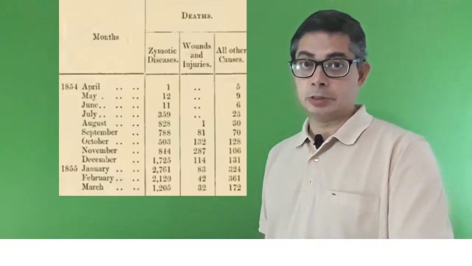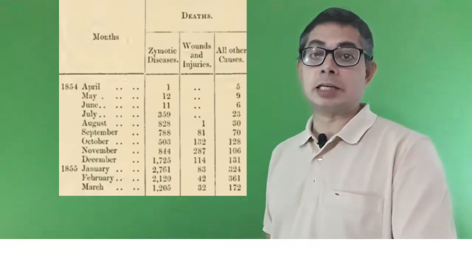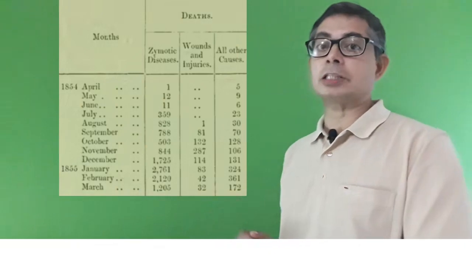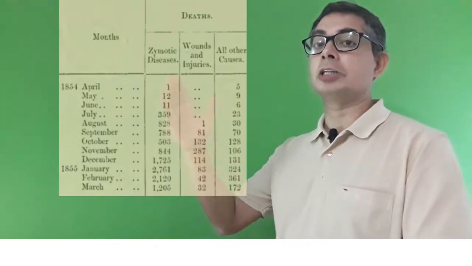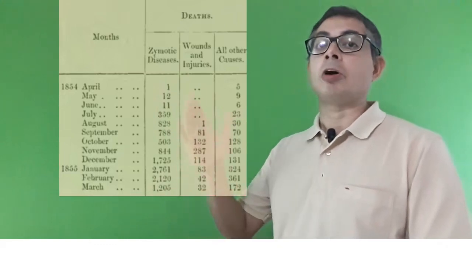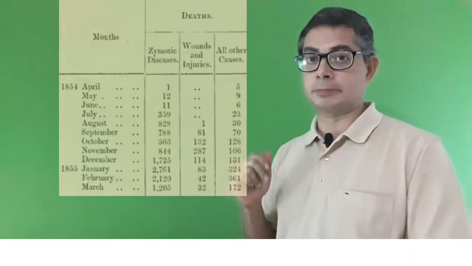Her dataset was a monthly trivariate time series collected from 1854 to 1855. The three variables were the numbers of deaths due to three causes. These causes were the preventable diseases, the wounds, and the others.